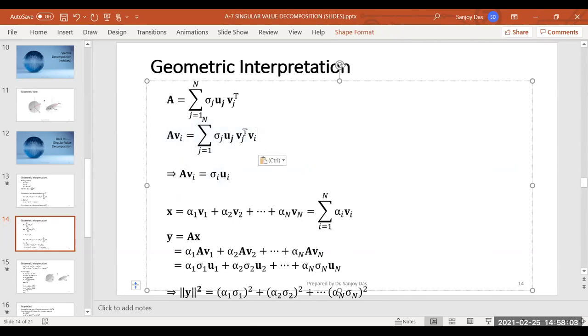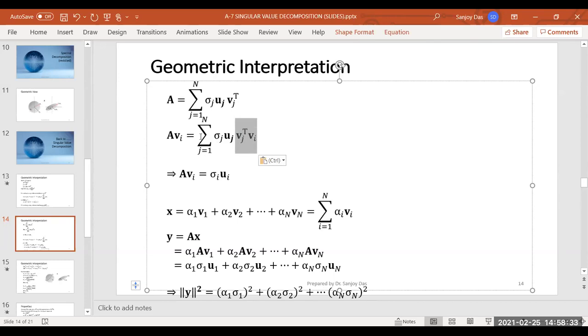Now, what would happen to V_j transpose V_i? Since V_i and V_j are orthogonal to one another, if j is not equal to i, what would happen to this? It would be 0, correct? Yes. And when j equals i, what would happen to this? This would be equal to 1, right?